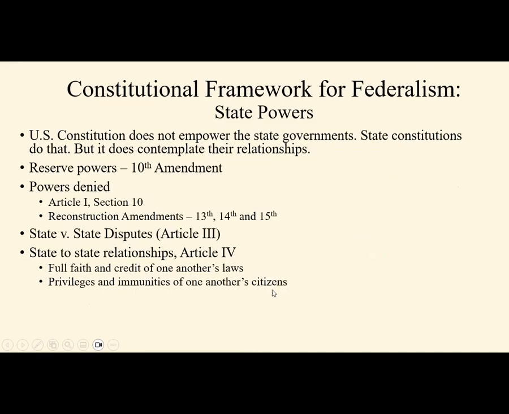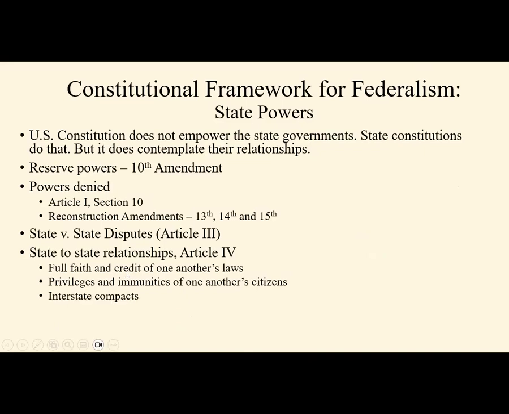So you may be currently in South Carolina attending Lander University, but yet not an actual citizen of South Carolina. You may be a citizen of another state who's just come here to attend college. But South Carolina has to extend the same privileges and immunities to you, regardless of what state you're actually a citizen of. That's known as the Privileges and Immunities Clause, or the Comity Clause. That's in Article 4 there.